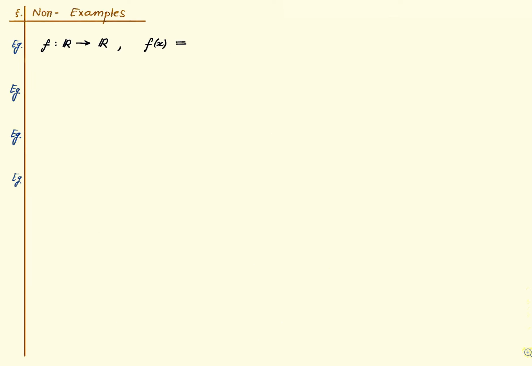Let us see some non-examples. What does not count as a function? So the first one would be f(x) defined as 1/x for all x. Now what is the problem with this? To every element of A, you should get an element of B. But when you feed 0 in place of x, what you get is a nonsensical thing, in the sense that it is not a real number.